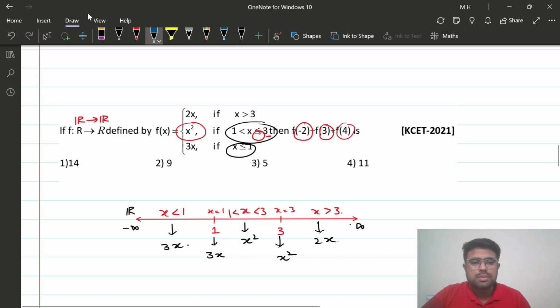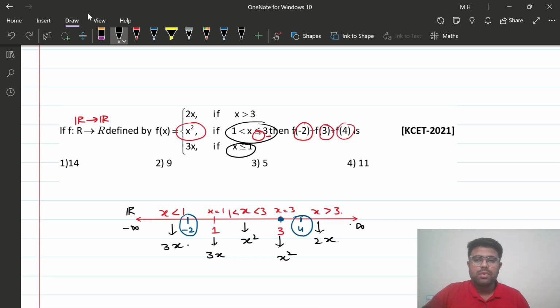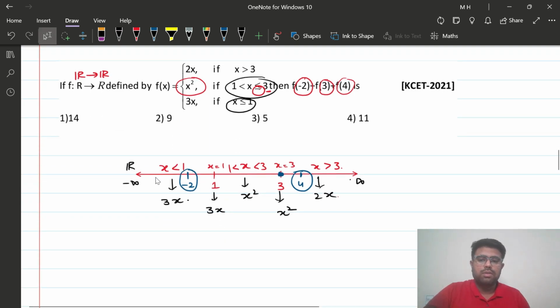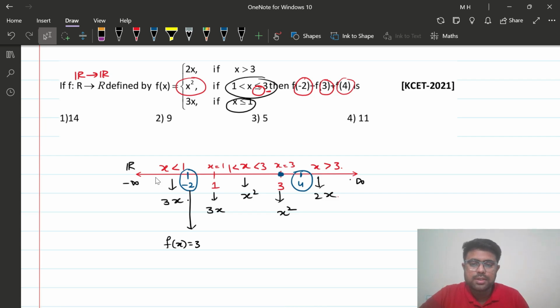Okay, so where is minus 2 here? The minus 2 appears here, and 3 is here, and then 4 appears here, right? So for this case, f of x is going to be 3x. So what is f of minus 2 here?